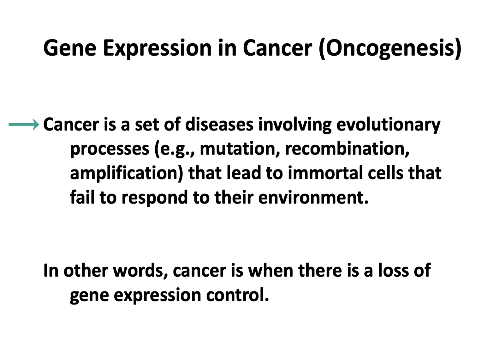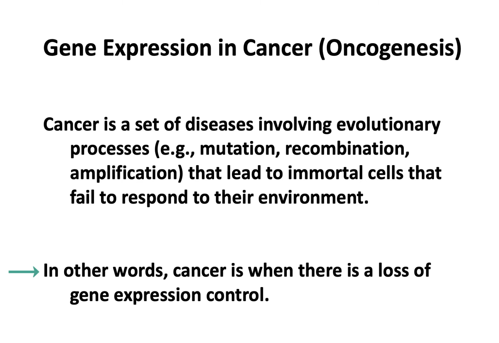And these lead to the cells failing to respond to their environment and being more or less immortal. That is, there's no apoptosis or cell death where there normally would be. So in other words, cancer is when there is an essential loss of gene expression control in those cells and groups of cells.